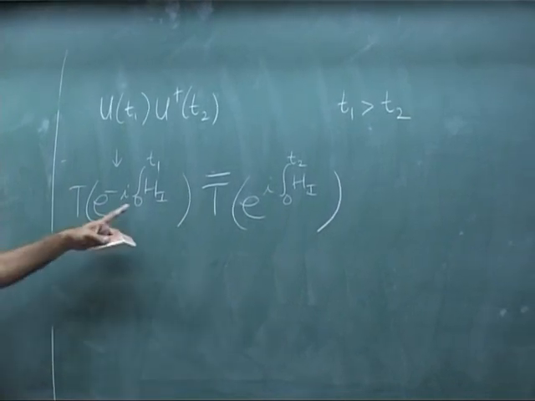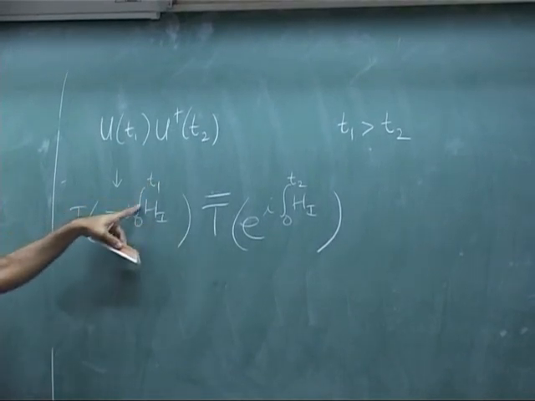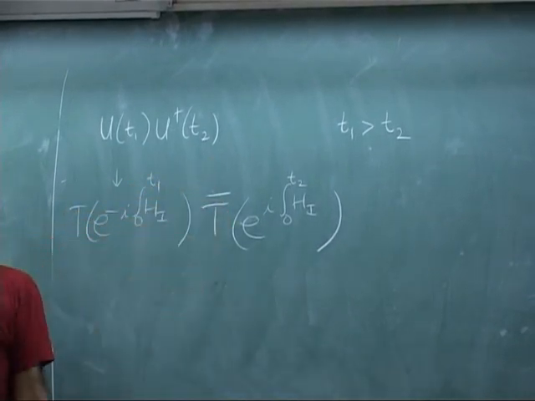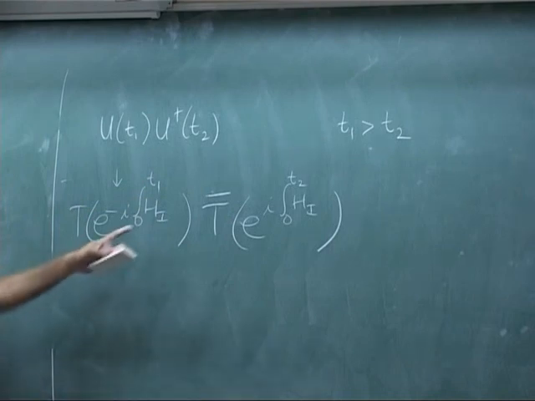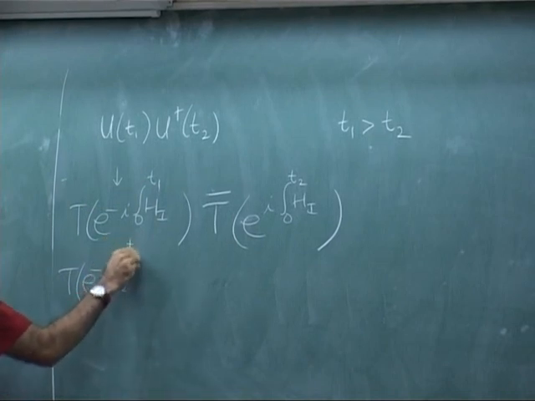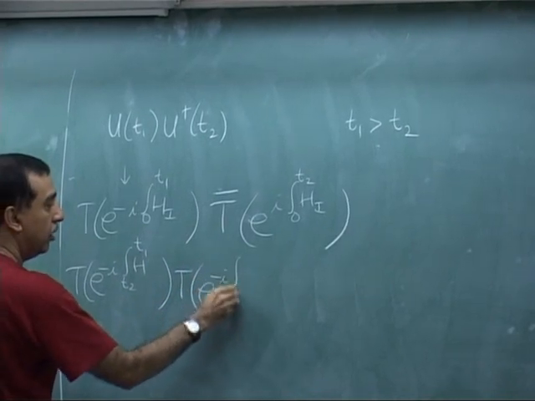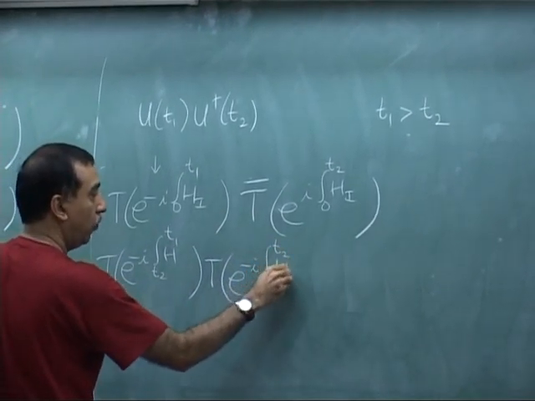Now this one, just look at it, the time goes from 0 to t1, but on the way it passes through t2. t2 is an earlier time than t1. So this one is the same as time ordered e to the minus i integral t2 to t1 times time ordered e to the minus i integral 0 to t2.